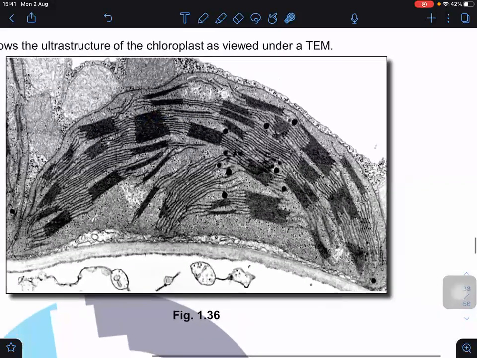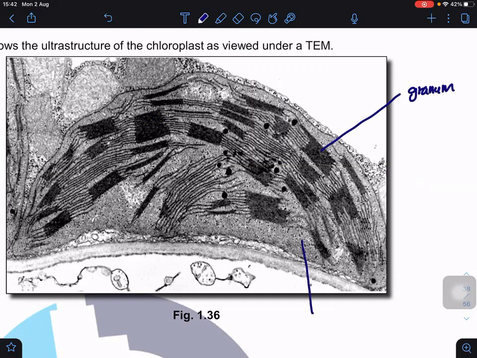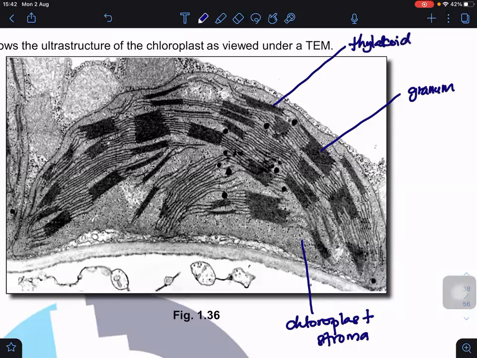If I ask you to label, how do you label? This one you can definitely label as the granum. This one will be the chloroplast stroma. And you can point to one of the membranes and say that it's a thylakoid membrane.